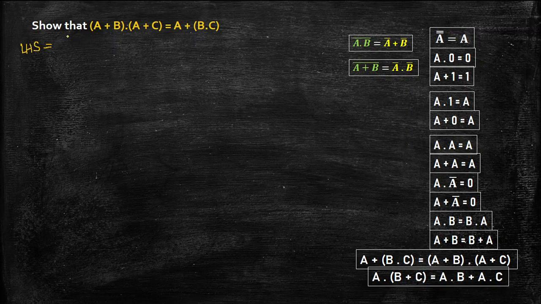So here what we need to do is start with LHS and I'm going to apply normal mathematics rule, A plus B multiplying A dot A plus C. So A will be multiplying the first bracket, so it will be A into A plus C, plus B into A plus C as it is, right? So it's distributive law.